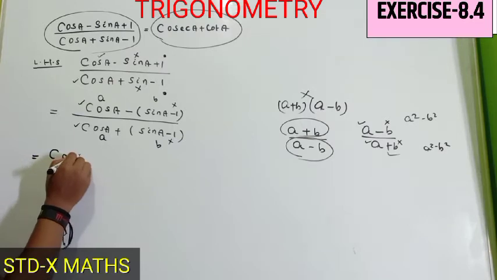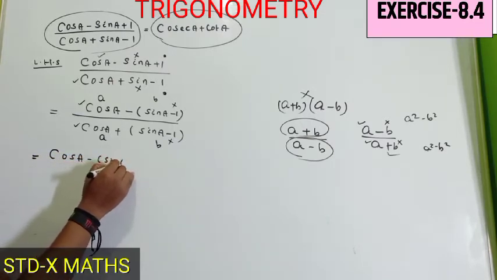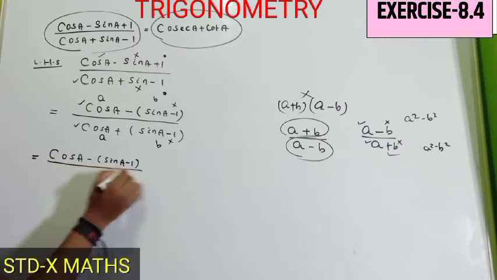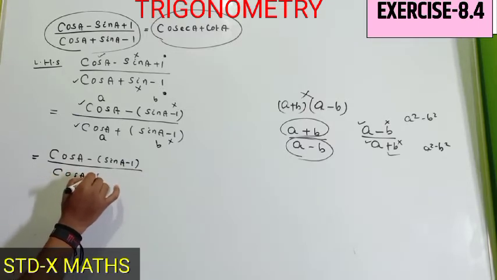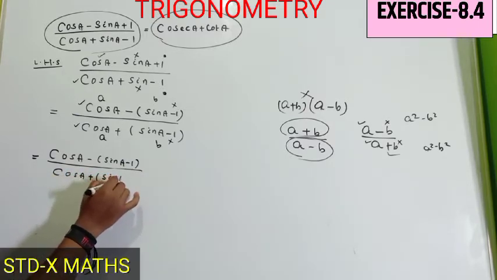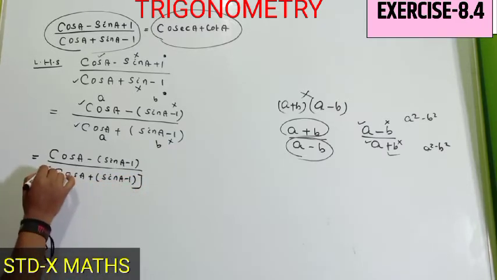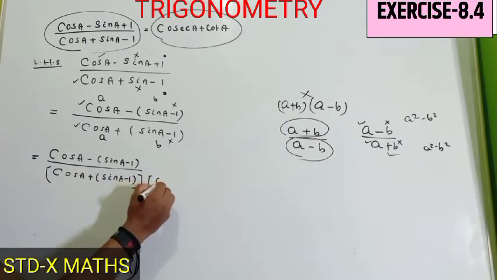Here I am writing cos a minus sin a minus 1, bracket close, and here it is cos a plus sin a minus 1, bracket close. It is in the form of a plus b, for which I am multiplying a minus b.